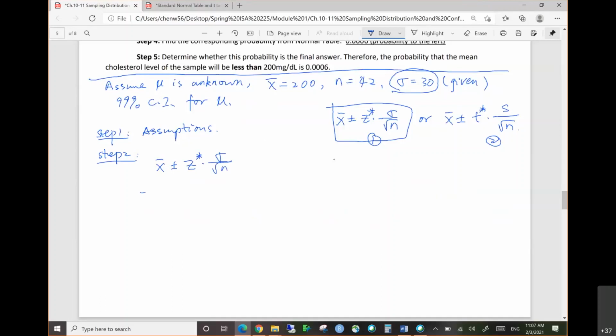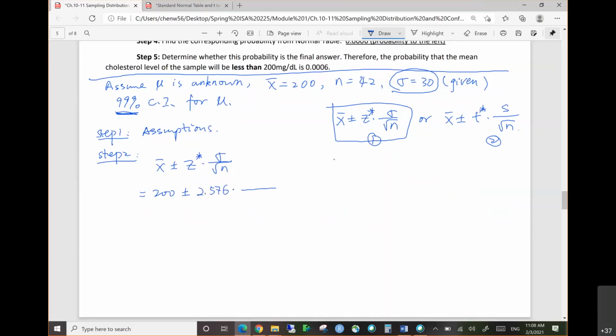So we have x bar, which is 200, plus or minus z star for 99%. What is the z star for the 99% confidence interval? 2.576. Perfect, thank you.